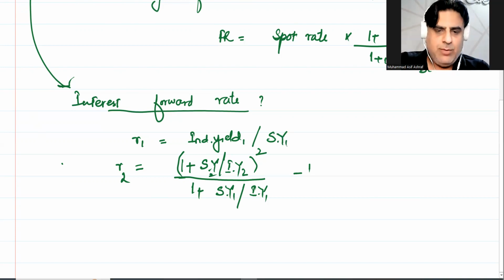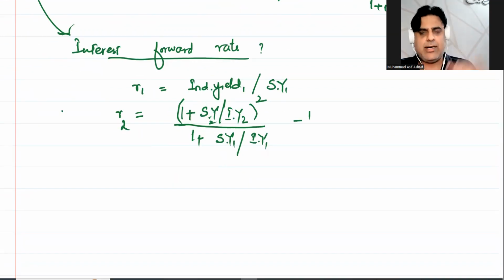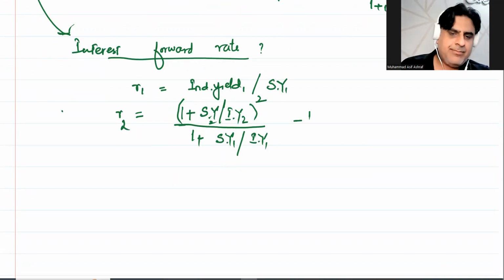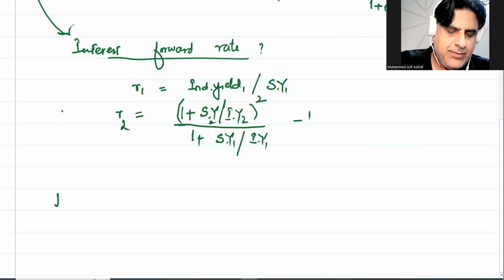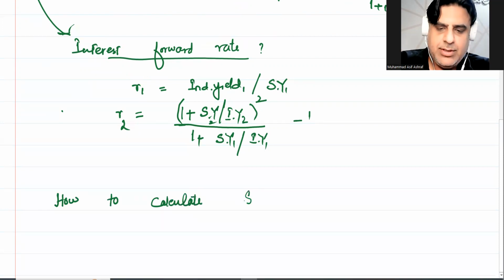Now, these are topics you have already studied in your WACC topic, but let's have a quick review of it. First of all, it may be possible that you will not be given the spot yield of the company.